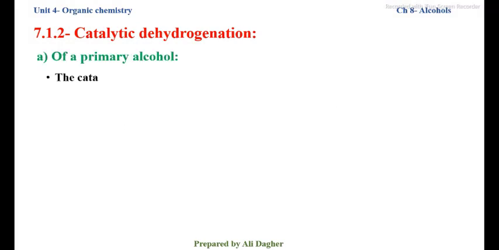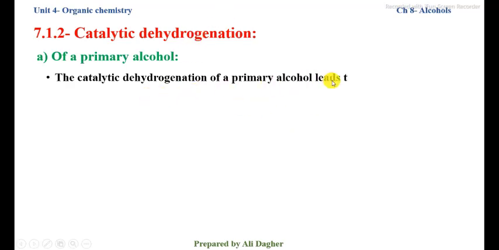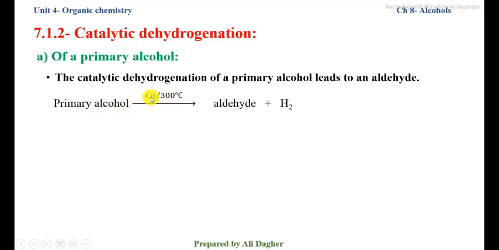Now of primary alcohol. The catalytic dehydrogenation of primary alcohol leads to an aldehyde. Primary alcohol, Cu heated to 300 degrees, give aldehyde plus H2. Dehydrogenation means elimination of H2. RCH2OH gives RCOH.